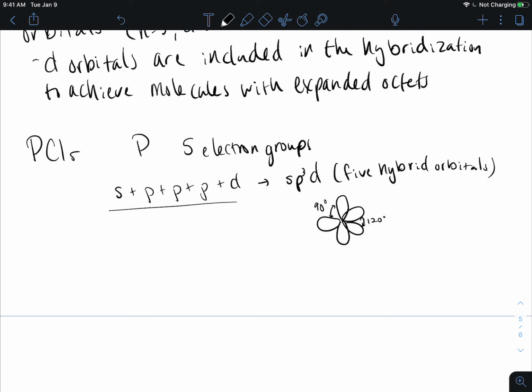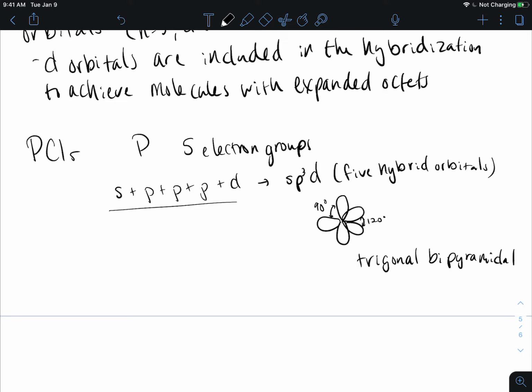So we get those 5 hybrid orbitals that are sp3d hybridized, and we can then make trigonal bipyramidal. So all trigonal bipyramidal atoms or molecules will have an sp3d hybridized central atom.